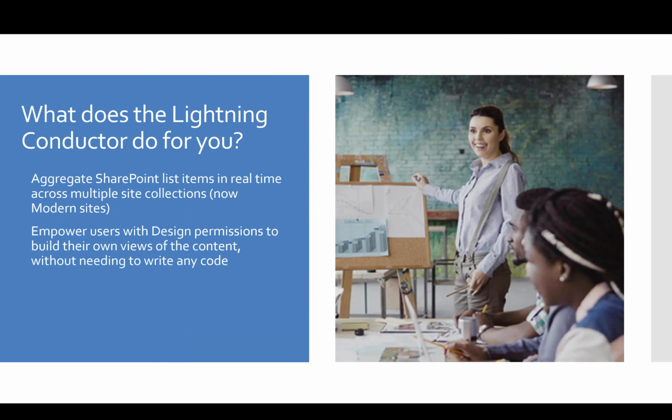We also empower users to build the design of how they want to view the content. So we allow them to select which columns they want to see, what order they want those columns to be displayed in, how they want to group their content, do they want to add calculated columns, and so on. So you as a site owner or somebody with design permissions can build a view of the content for your team so that they can see the content that's important to them.